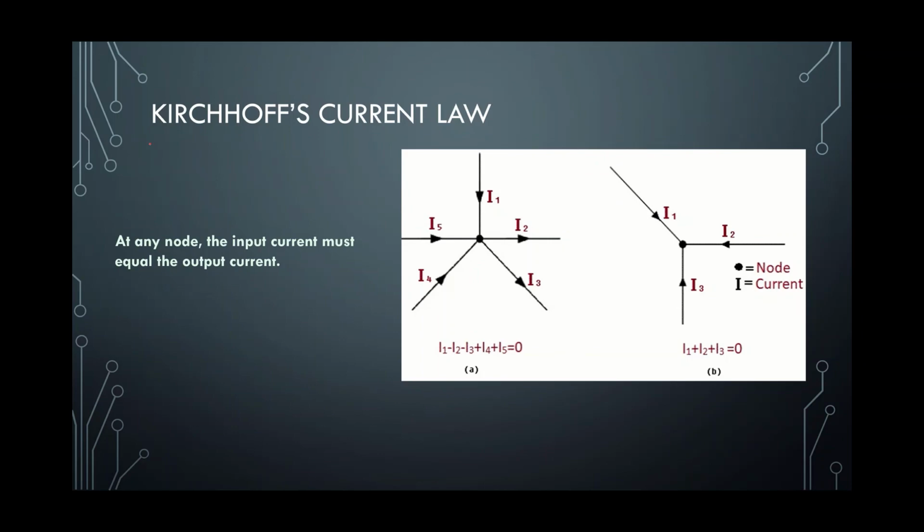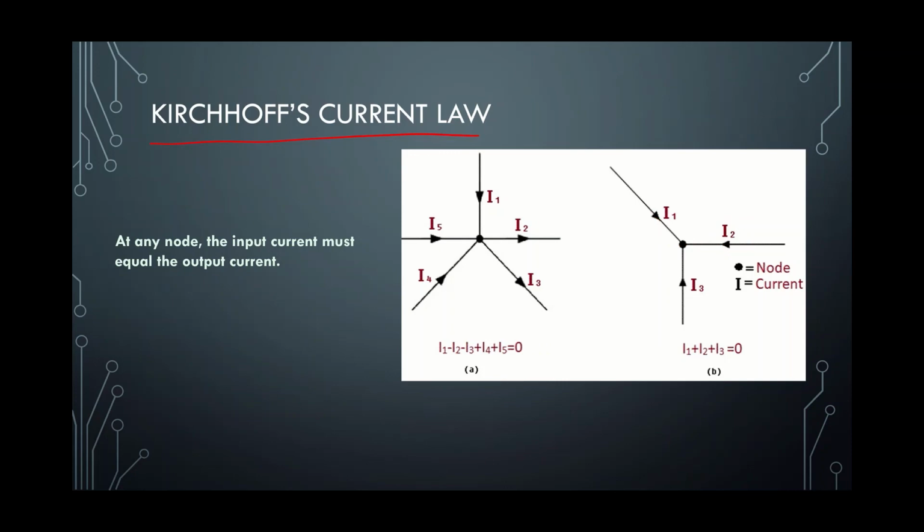Then finally the Kirchhoff current law. The Kirchhoff current law states that at any point in the circuit, the sum of the current entering this point is equal to the sum of the current leaving this point.